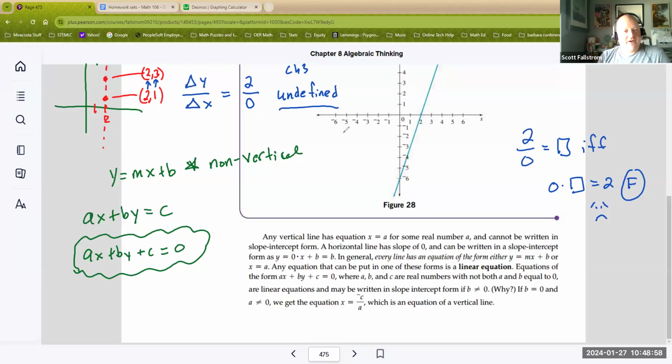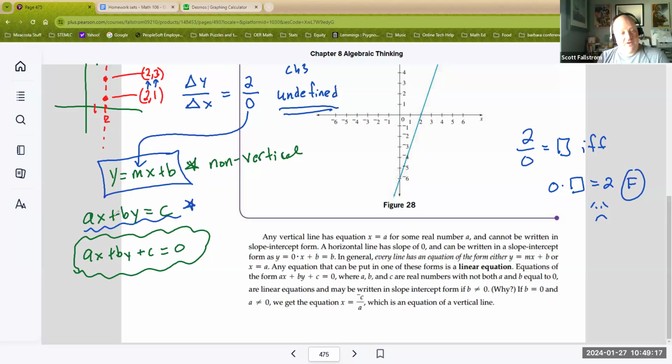We call it undefined. So again, y equals mx plus b works whenever you have a slope. If the slope is undefined, this equation, unfortunately, cannot exist. So that's why sometimes someone might say, well, how come I need 2 different equations for a line?